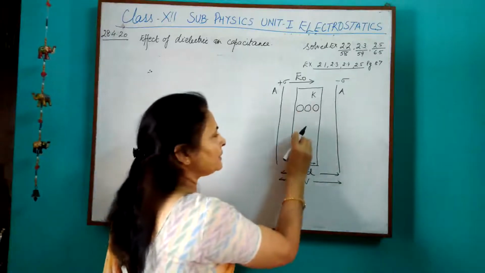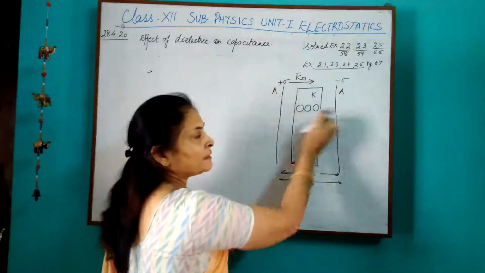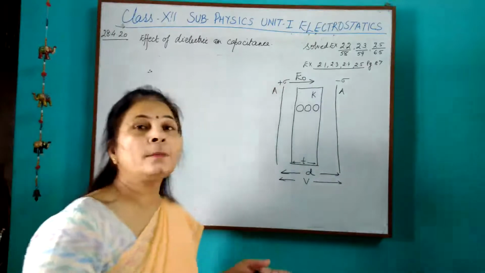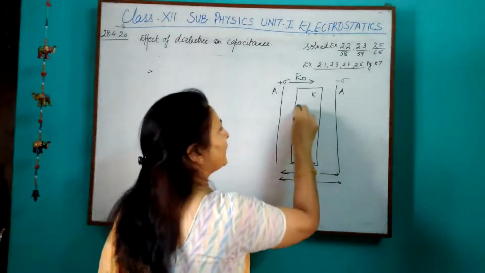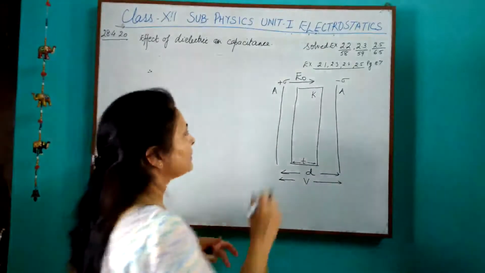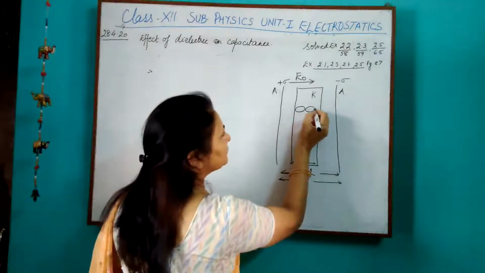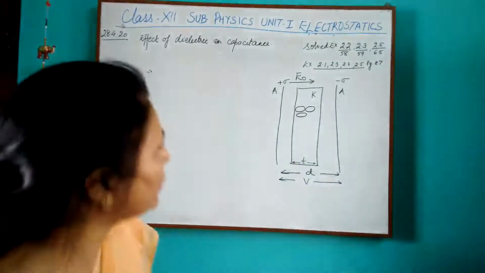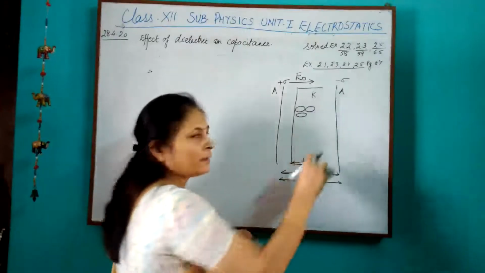Now when we put this dielectric in the electric field of this capacitor, what will happen? These atoms will not remain spherical in shape. They will start changing their shape. I'll take it a little bit broader so that I can at least make three atoms together.